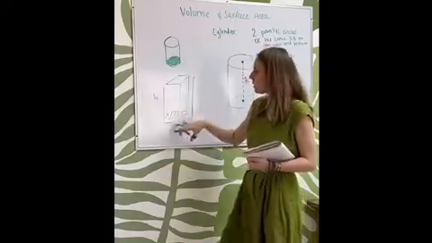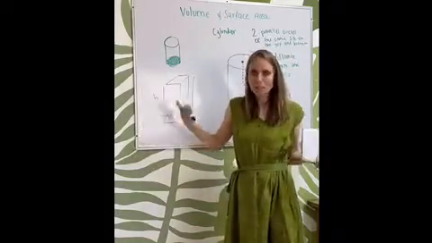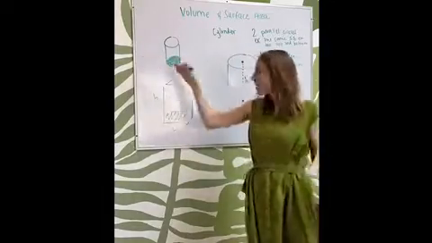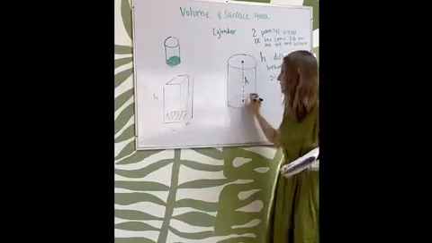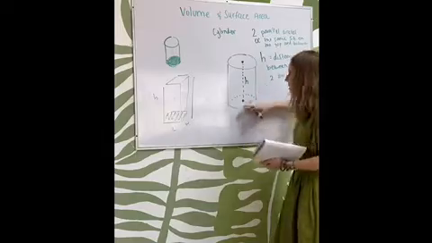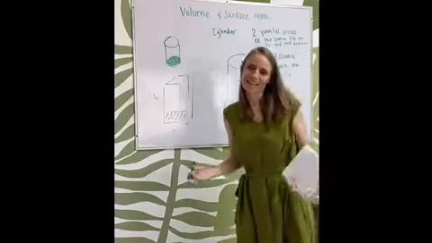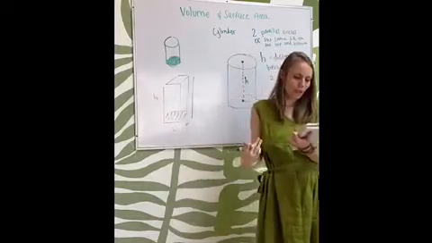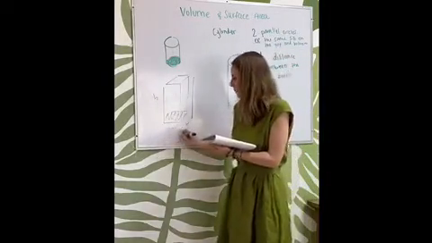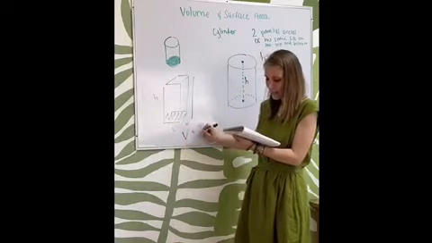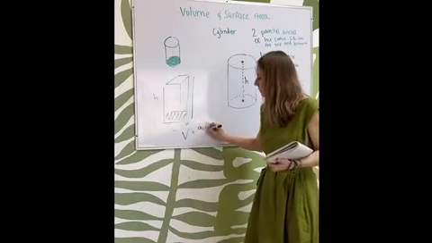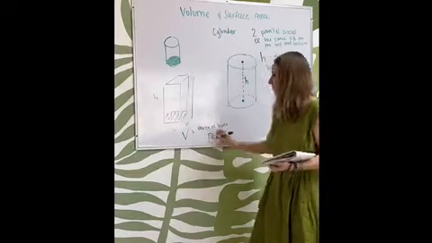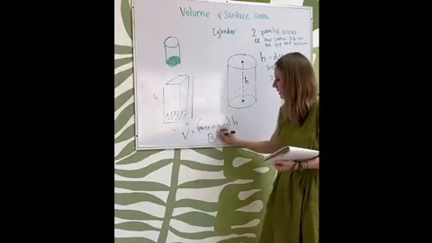So the volume of a rectangular solid, you guys know, is length times width times height. It's the same thing with our cylinder. We're going to take the area of the base and multiply it times the height so that we get the whole shape and the whole inside of it. So volume is the area of the base, sometimes called a capital B, times the height.